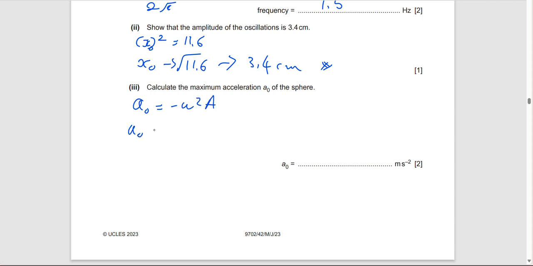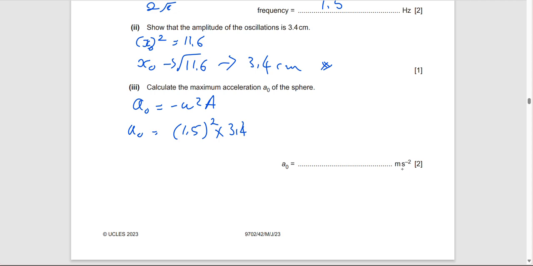Okay. So we know that a naught is equal to omega squared times the amplitude. You get our a naught negative. In this case, we can ignore it. The calculation, 1.5 by 10 to the squared. So you can ignore the negative sign for this calculation. Remember, it just shows that the acceleration is always directed towards the equilibrium position. That is what this negative sign is for. So we can ignore it for calculations. It doesn't really matter. You can actually do away with it when you put the numbers right there, multiplied by the amplitude, which is 3.4.